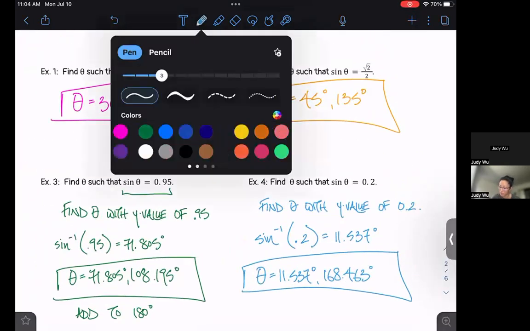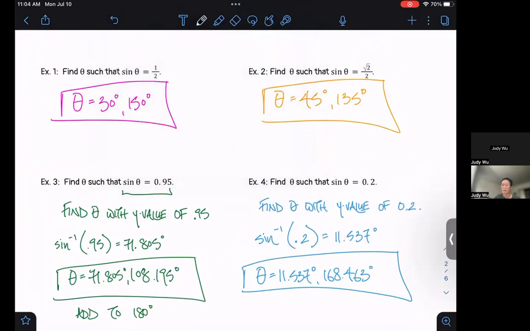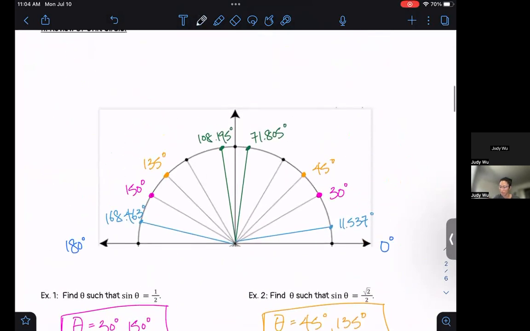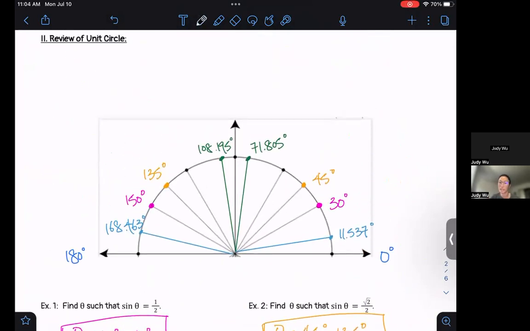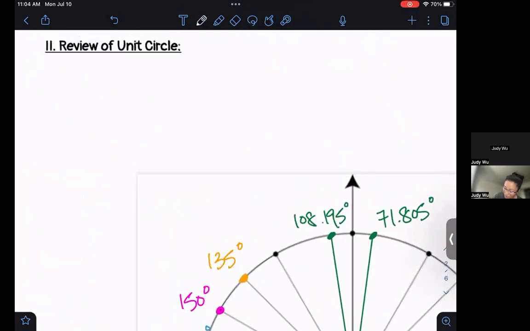Now, one last question that I didn't get into the examples, but I think is really important is this. Sine theta equals 1.5, right? This means, let's think about what this means.